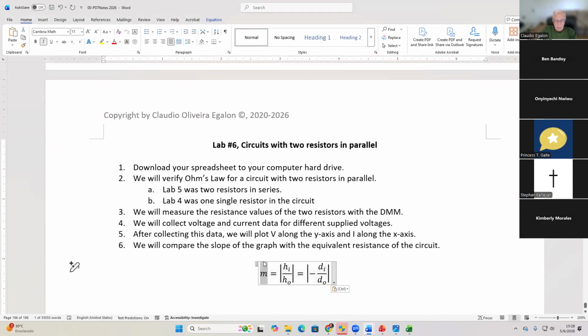Here you go. 1 divided by R equivalent is equal to 1 divided by R1 plus 1 divided by R2. Everything else, take it out. Okay.